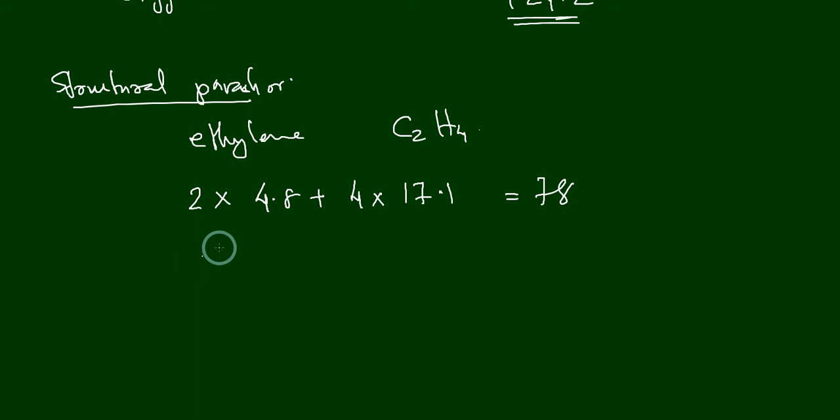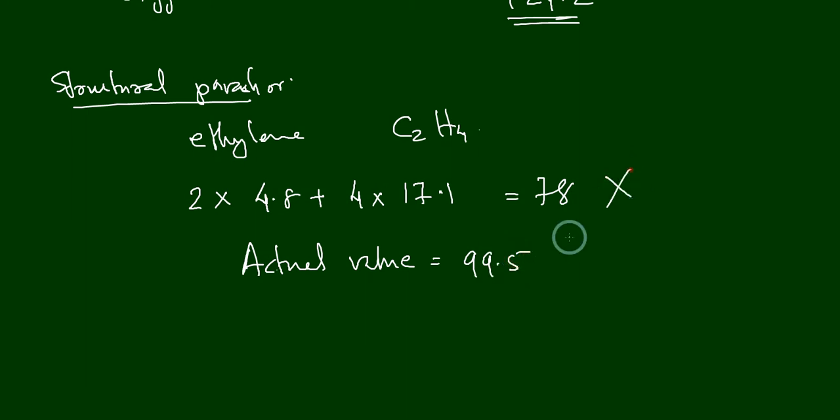But if you measure the parachor experimentally, the actual value is 99.5. So 78, which we calculated from the atomic contributors, is not the correct value; we have to get a value of 99.5. It means that some contribution is missing in C2H4.